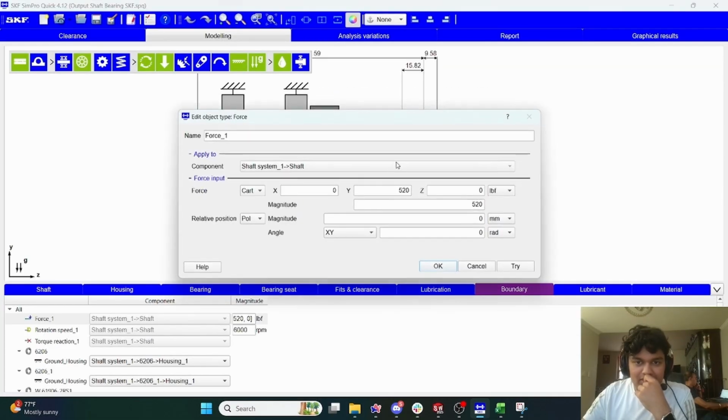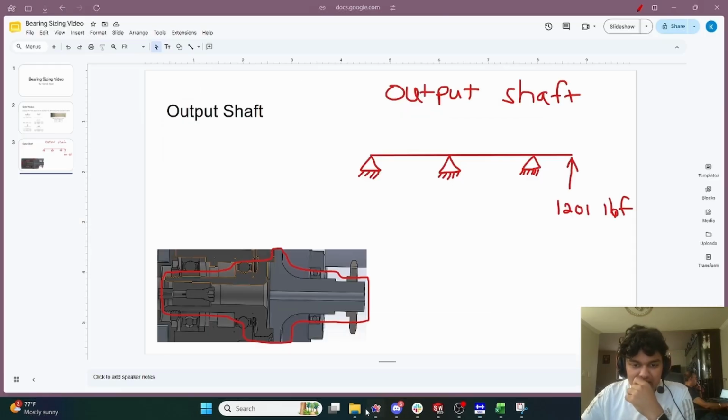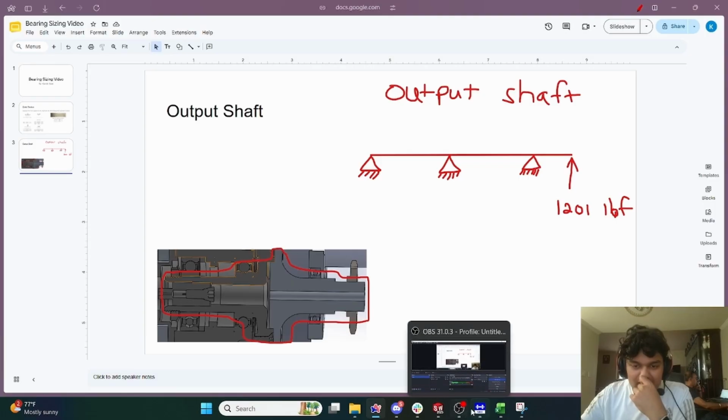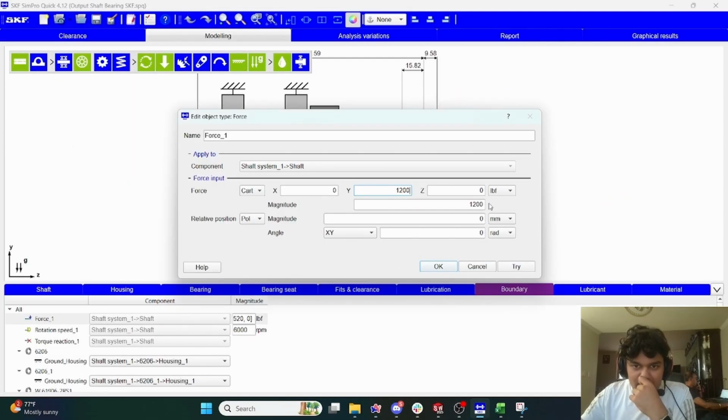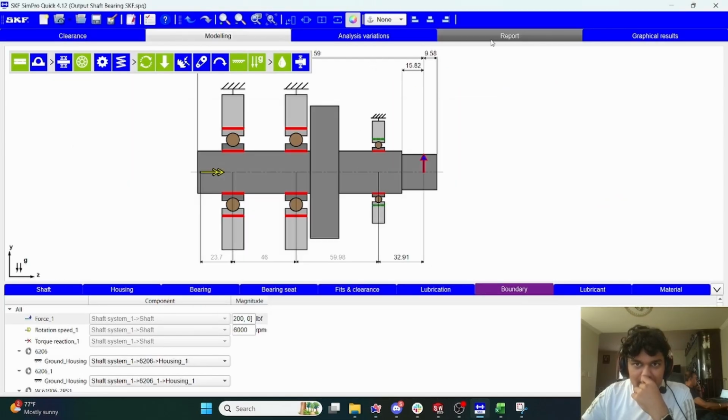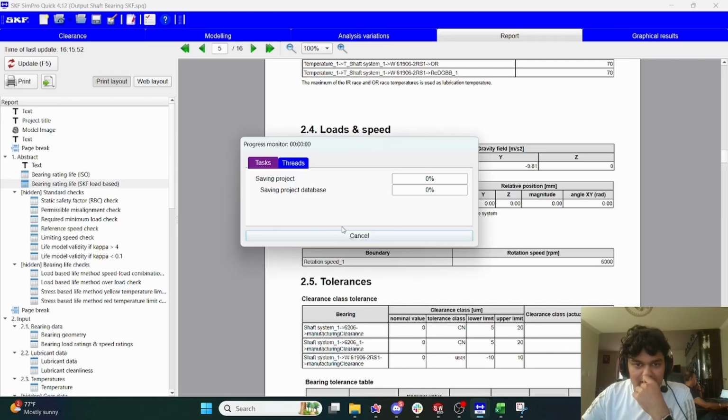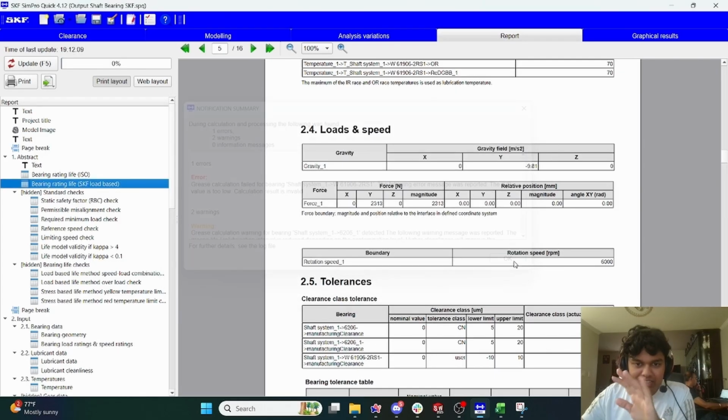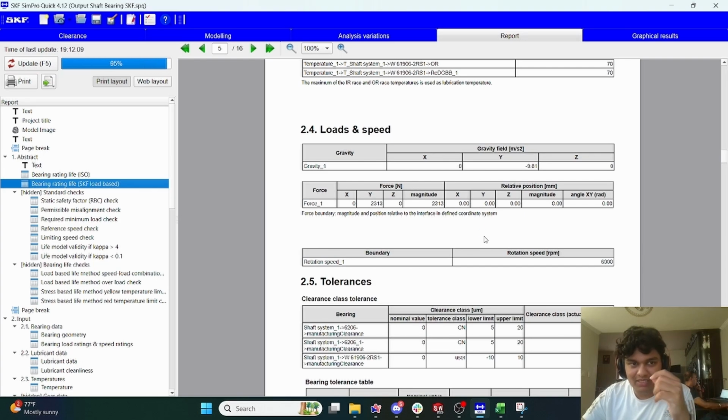I was just messing around with stuff, but this load on the side is still 1,200. I don't know why I said 1,201. Okay, call it a day, and then report it. I want to save it. Yep, ignore the errors. I don't know how to deal with them, so I can maybe figure that out later. But for our intents and purposes, it's fine.